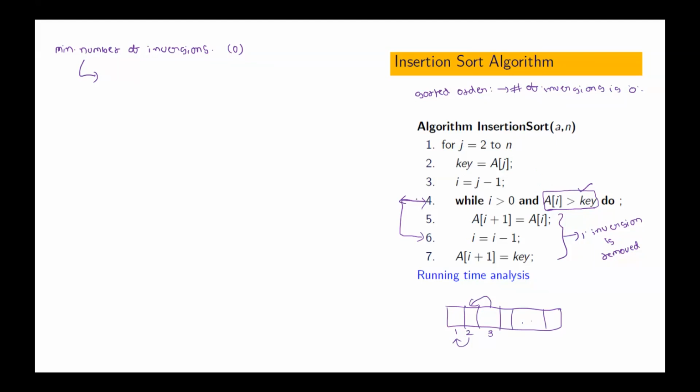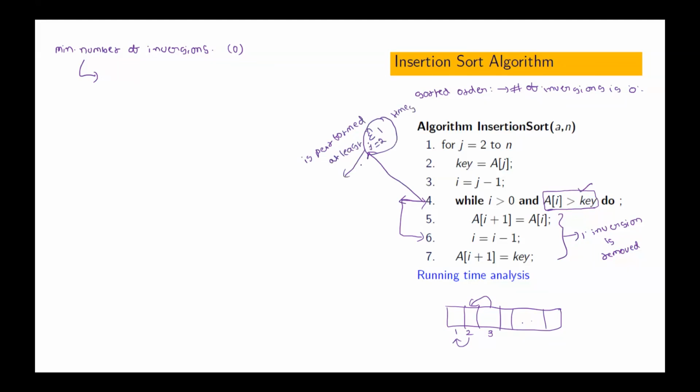That means step 4 is performed at least this many times.